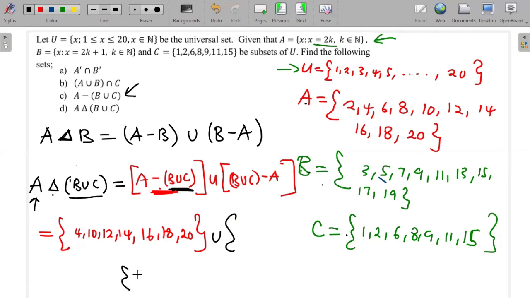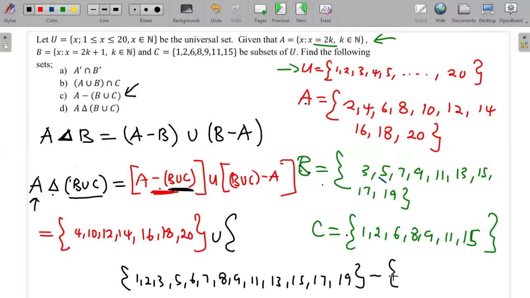So we had 1, 2, 3, 5, 6, 7, 8, 9, 11, 13, 15, 17, and then 19. This is my B union C, and then minus A. So A is this guy here, which is 2, 4, 6, 8, 10, 12, 14, 16.